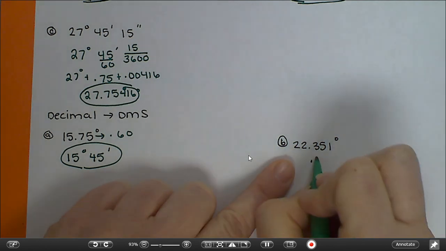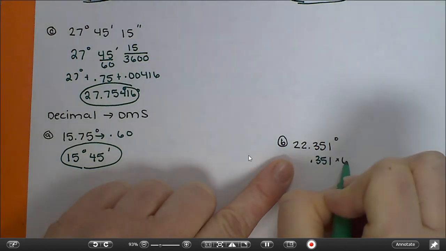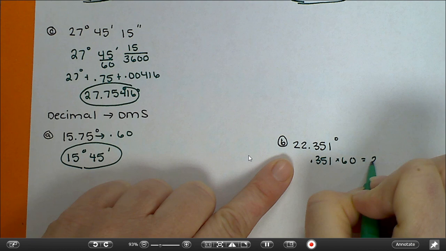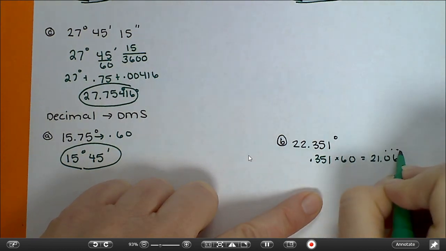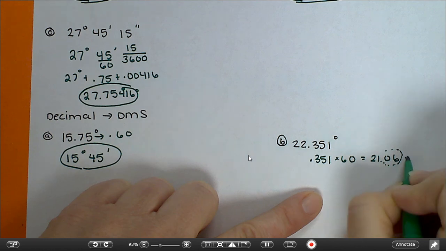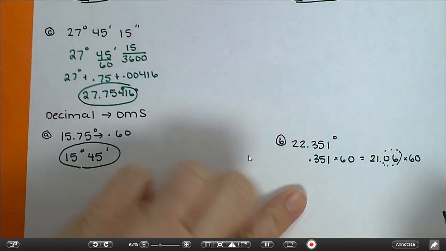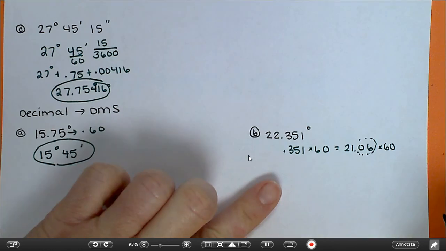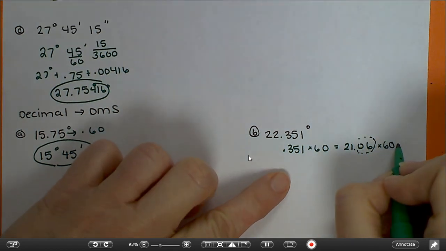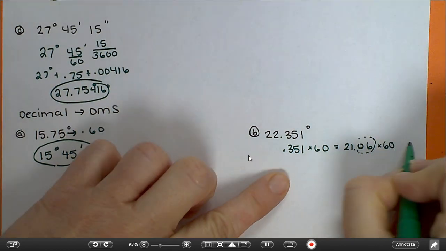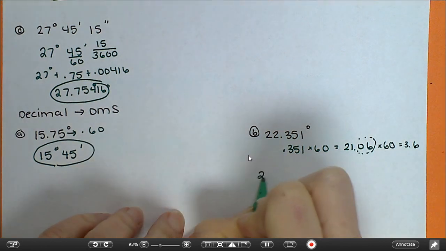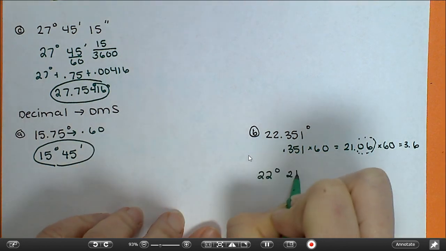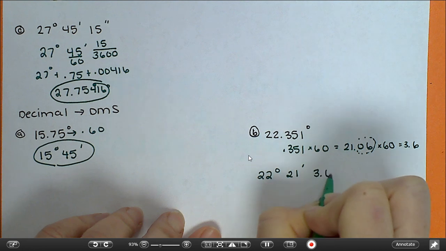So we're going to multiply the decimal by 60, which gives us 21.06. And then we're going to multiply the 0.06 times 60 to get to the seconds, and that equals 3.6. So we have 22 degrees, 21 minutes, and 3.6 seconds.